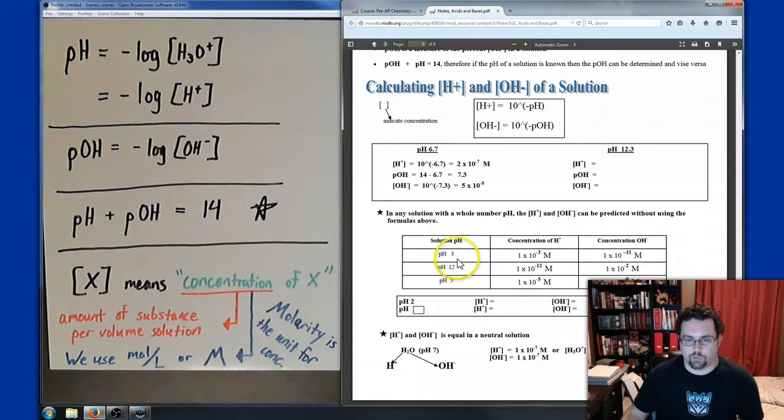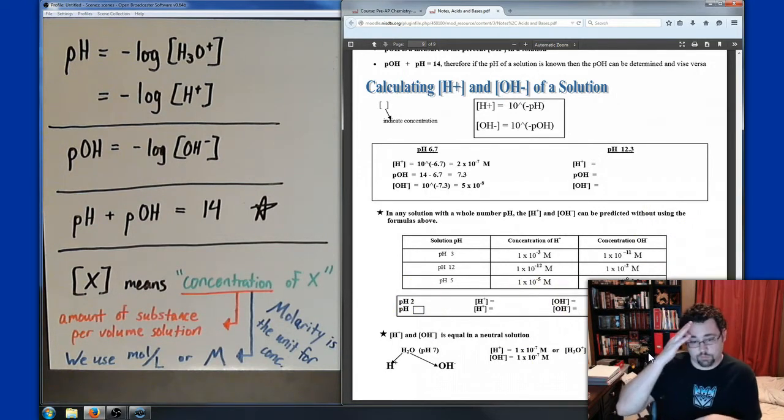Okay, so the pH is 3, that means the pOH is going to be 11, which means the concentration of the OH- is 1 times 10 to the negative 11th. Alright? So whenever you have whole number pHs, it makes it a whole lot simpler to figure everything out. So if I know one of these, I know all the rest of these things.